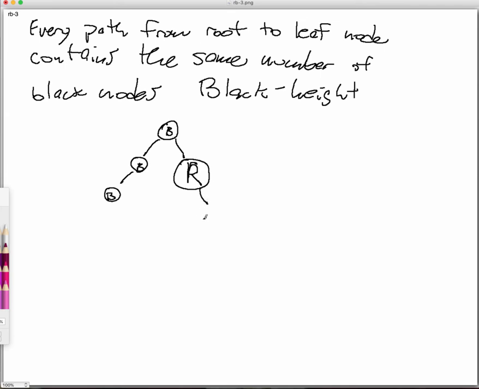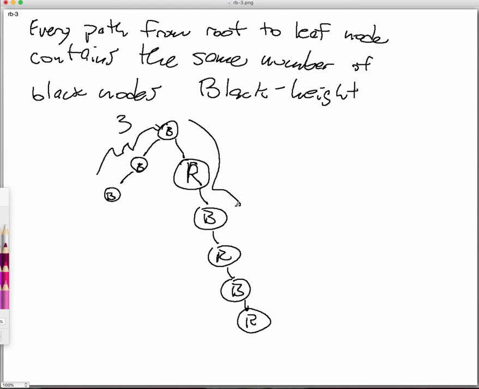We'll do it this way. Black, red, black, red. Okay, so this would be 1, 2, 3, 1, 2, 3. And notice the length here is 3. The length here is 6.